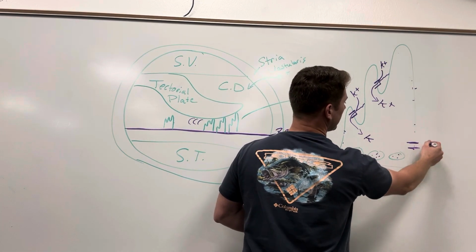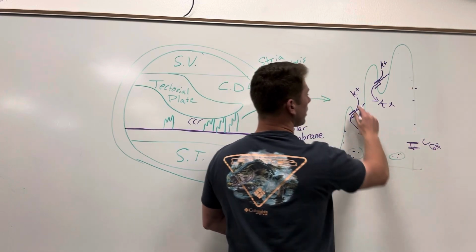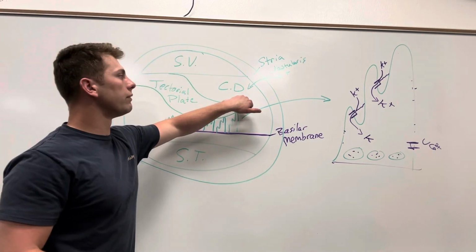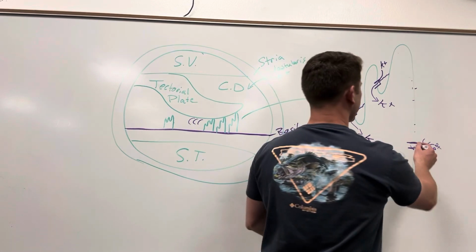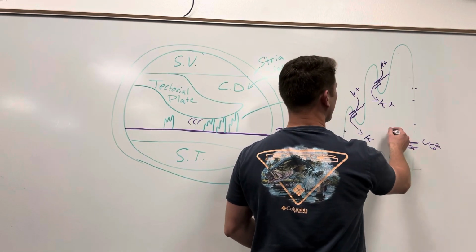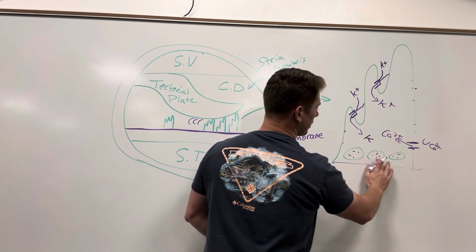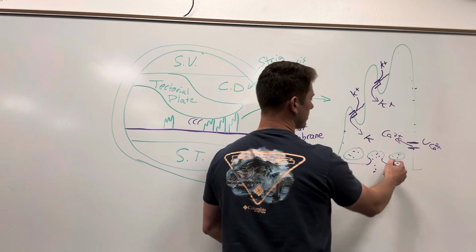and a voltage-gated calcium channel, Ca2+. This potassium that came in from the endolymph will depolarize the cell, opening this calcium gate. Calcium will flow in, fusing the vesicles to the membrane, releasing neurotransmitters.